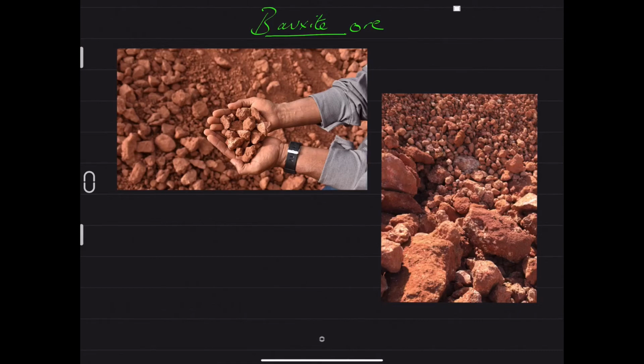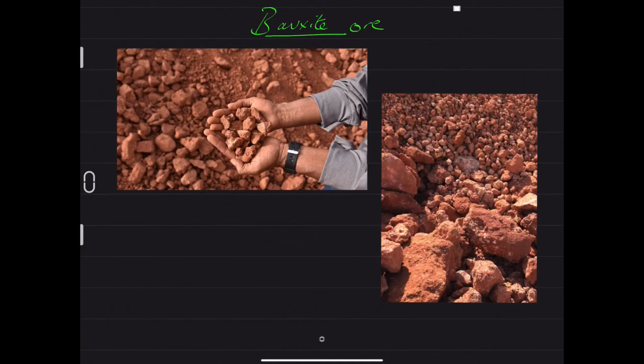However, it's mixed with other rocky impurities, and you can see that here. This does not look like the aluminium we are familiar with because there are many other impurities within that ore. What you need to do first is separate the aluminium oxide from the bauxite ore. The impurities we're seeing mainly in the bauxite is iron 3 oxide.